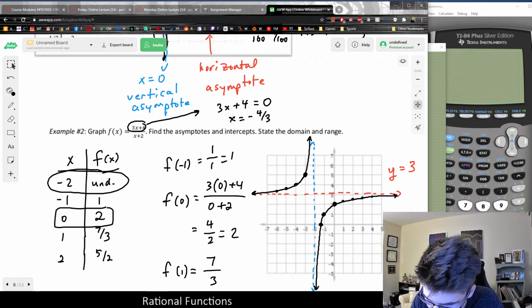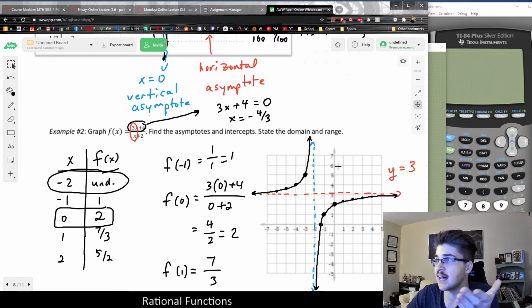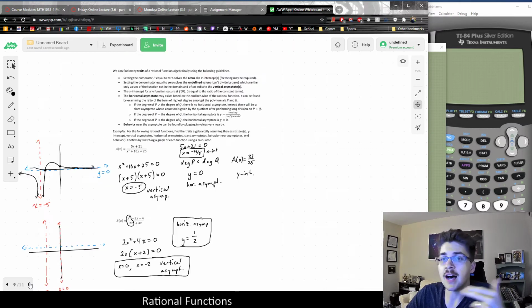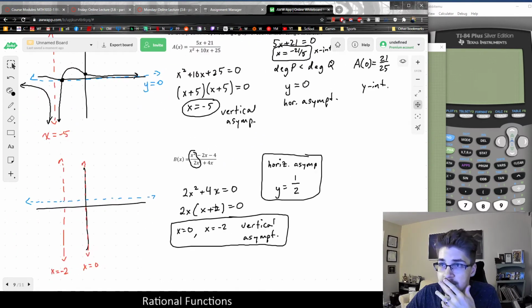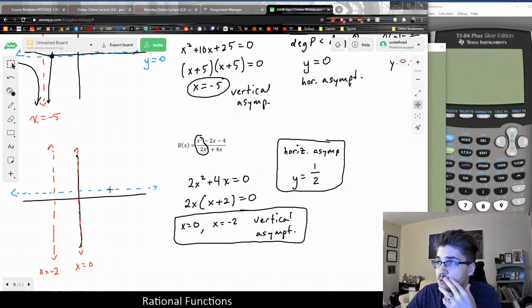And of course, if you take a ratio of 3 to 1, that gives you exactly 3. That's the algebraic way that you could figure this out. It's a little bit harder to do because you have to know exactly where to look, but it's all about that ratio of the leading terms for a horizontal asymptote.